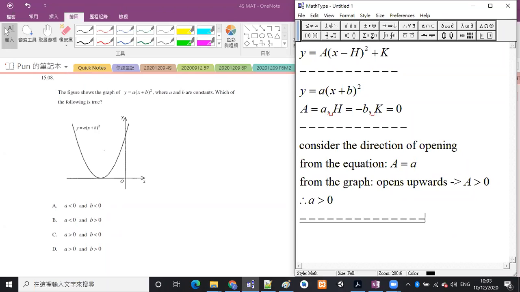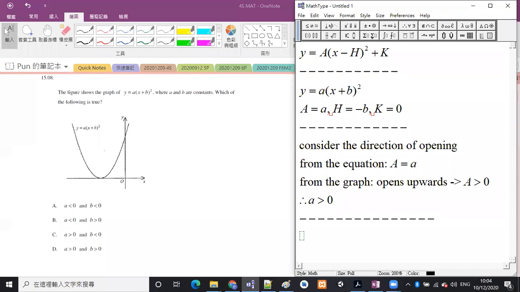And then we will consider the other thing. This time, because the equation given to us is in AHK form, so it is better to consider the vertex instead of considering the y-intercept. Can you see this?